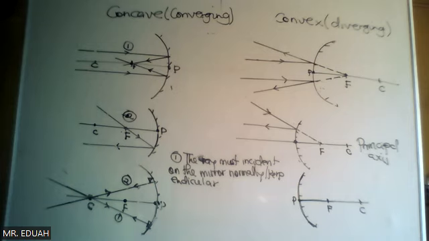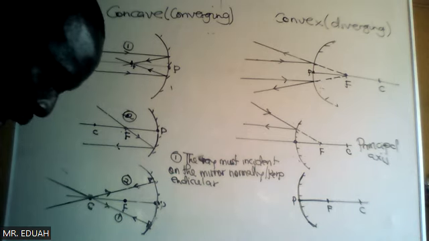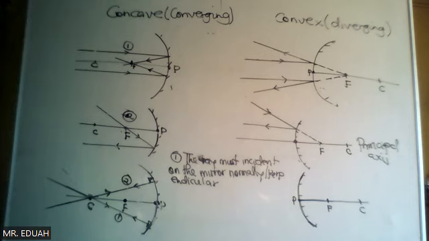So when it incidents on the mirror at 90 degrees, it will pass along the same path. Yes, the angle of incidence and reflection will be equal to 0. Exactly. Because they are just lying on each other.